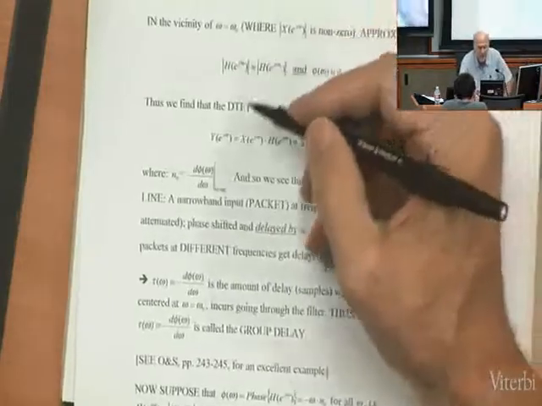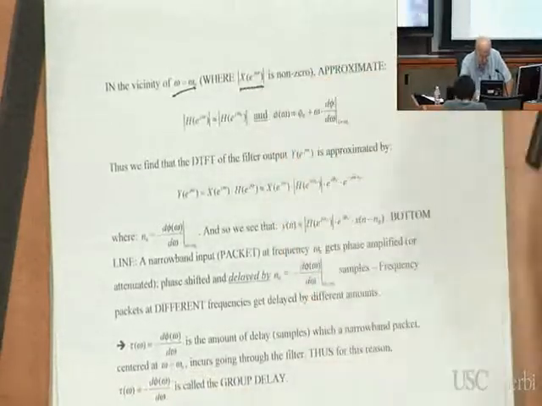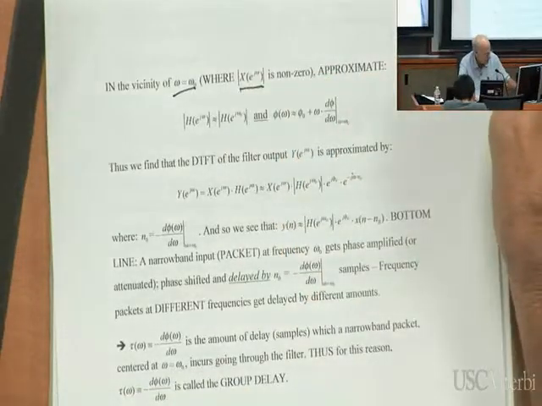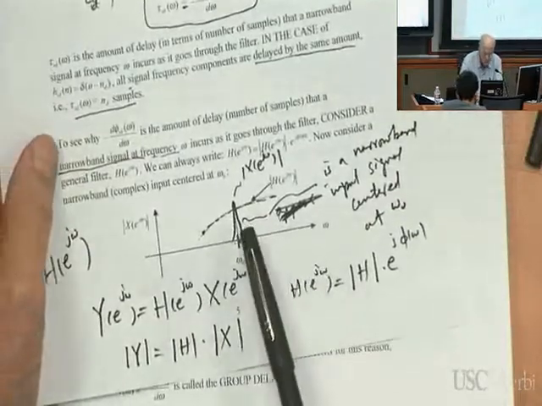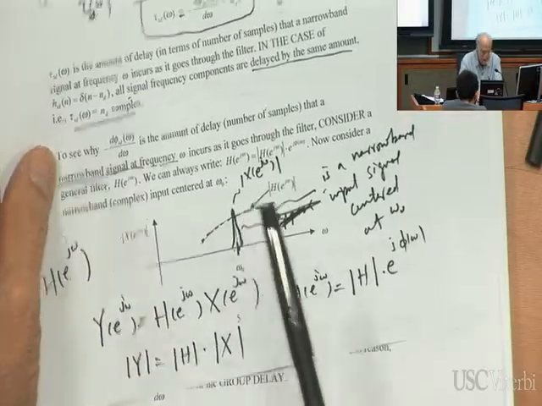So let's take a look at that. In the vicinity of omega equals omega naught, where the magnitude of X is non-zero, again, we're assuming the magnitude of X is 0 everywhere except right in a narrow region at omega naught.